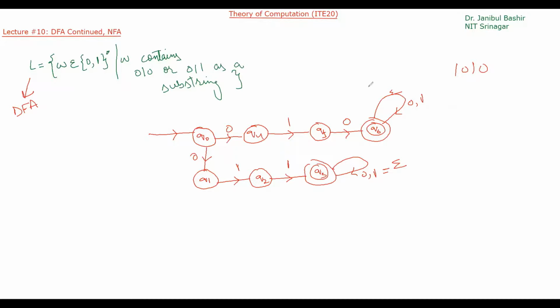This string belongs to the language, yes. So that means this NFA should accept this particular string. Yes, it should accept it because we are saying this NFA is for this particular language. Now let's see whether it accepts. If 1 comes here, where will it go? It does not have any choice. Choice means it halts. Halts means that it has no place to go anywhere.